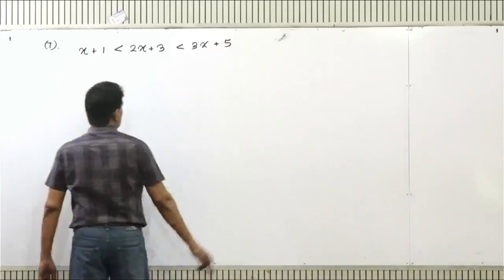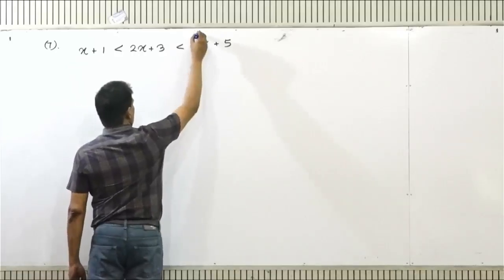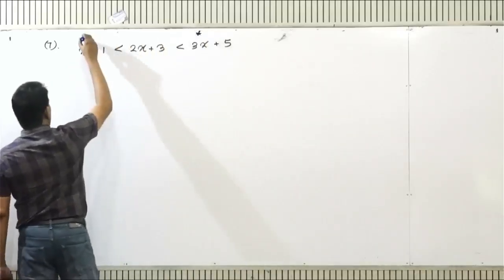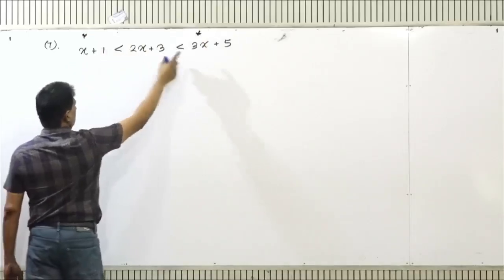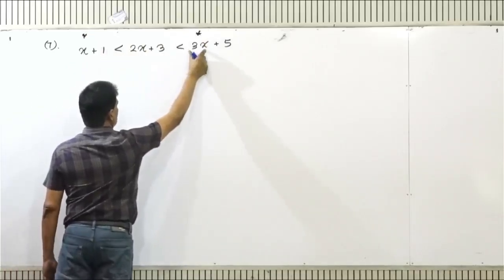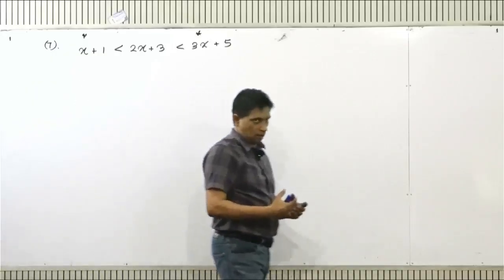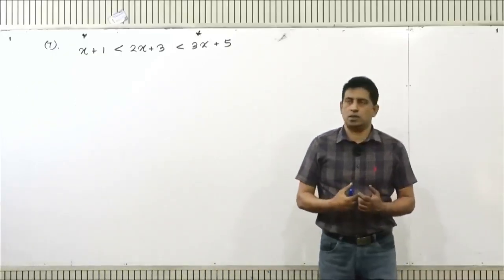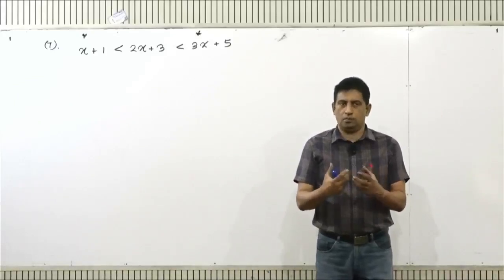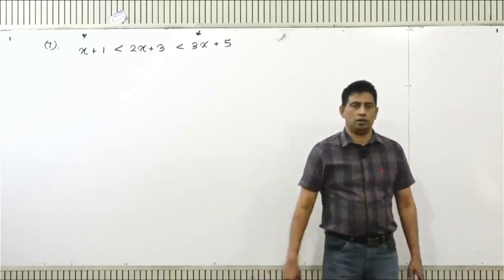In this case, here positive 3x, here positive x, right? Now, this term is not equal to this one. So, in this type of sums, we can't subject x in between two inequality marks, right?